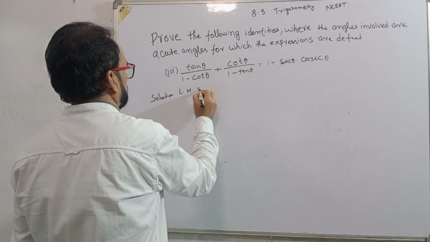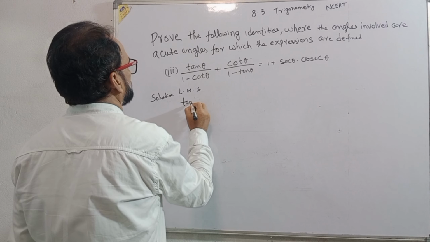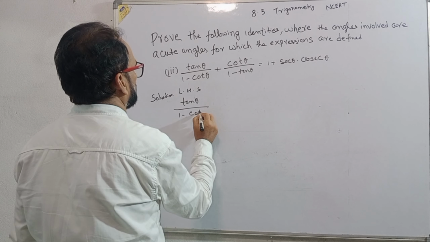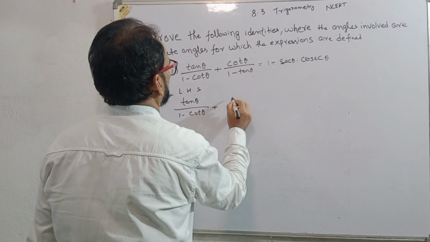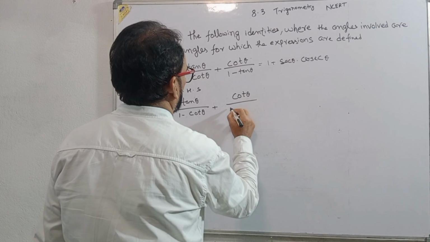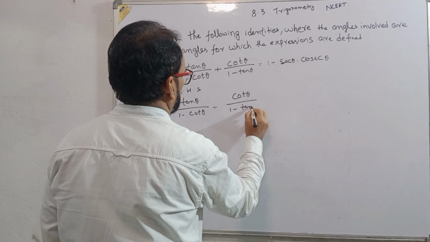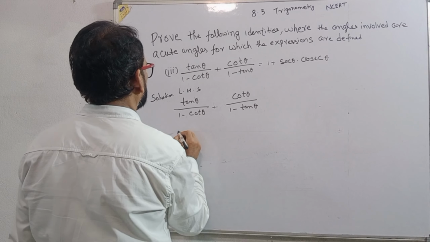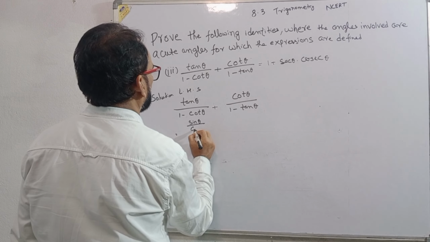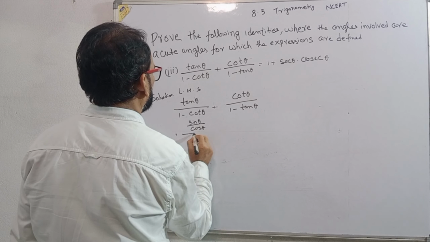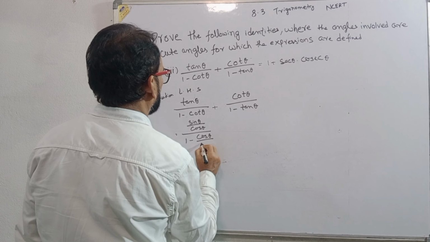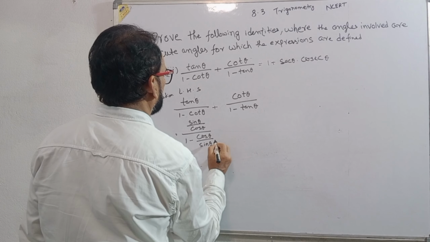LHS: tan theta divided by 1 minus cot theta plus cot theta divided by 1 minus tan theta. We will change here sin theta divided by cos theta, 1 minus cos theta divided by sin theta.